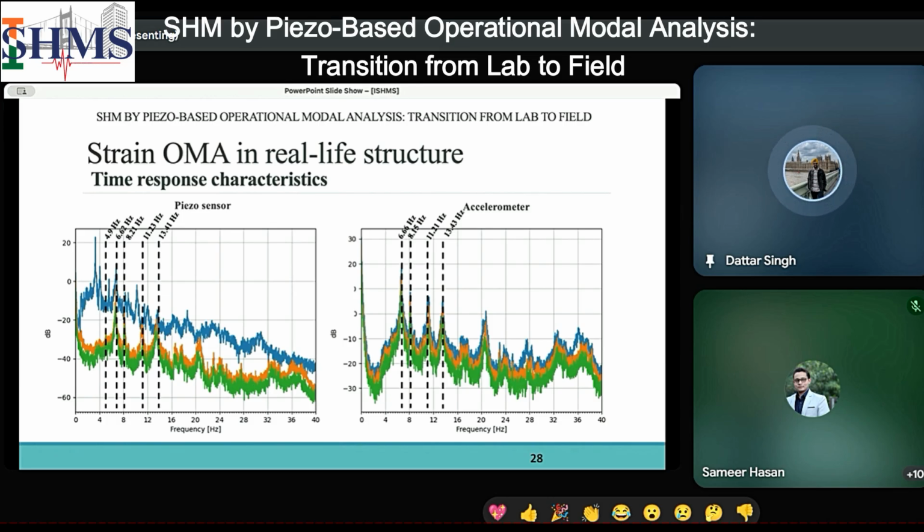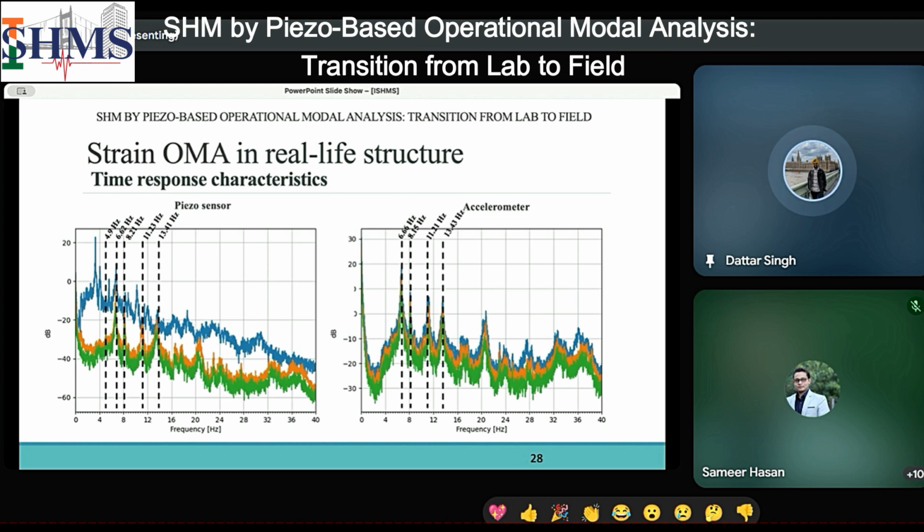Now, this could be due to the frequency bandwidth of the accelerometer in the working range. So the higher the bandwidth of the accelerometer, the lower is its frequency resolution, which means it can miss out on some of the small peaks if that peak does not lie on the spectral line obtained from the accelerometer data.